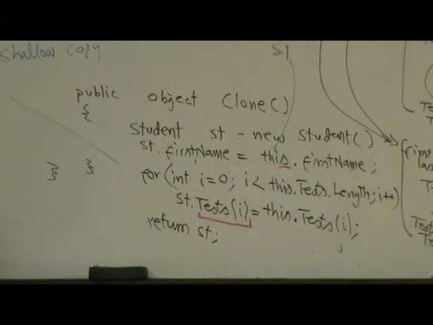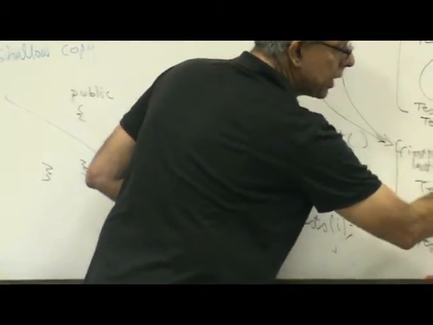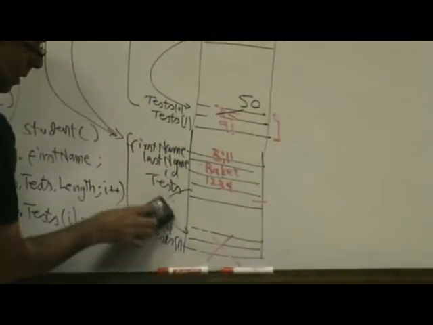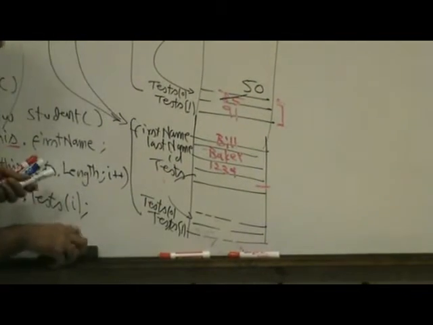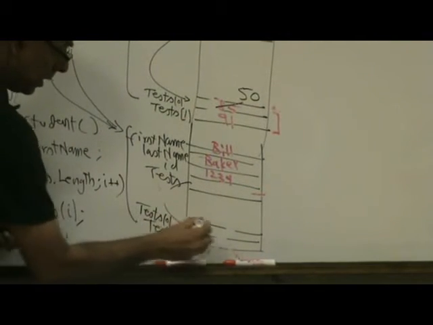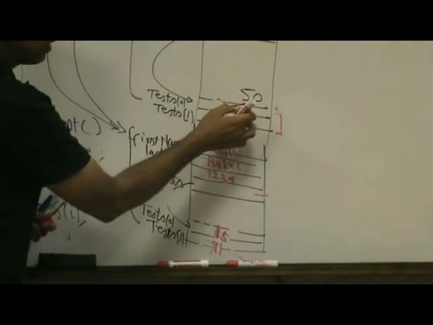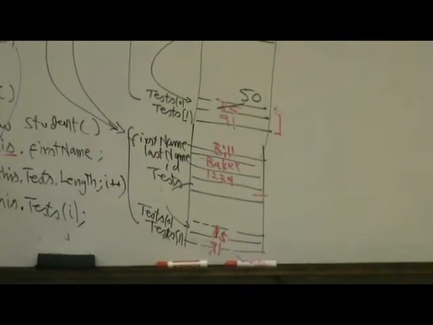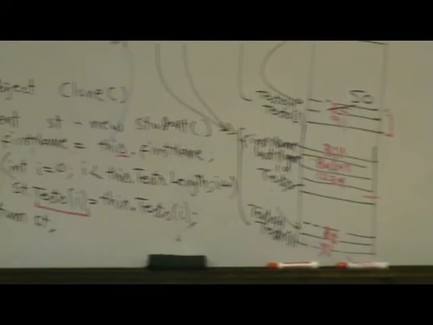So now this will work. So now, like I said, it will not make this point over here. So now it will basically copy one by one. So 85, 91, because remember, after we did the cloning, then we changed it to 50. Okay, so now if you run it, it will come out correct.